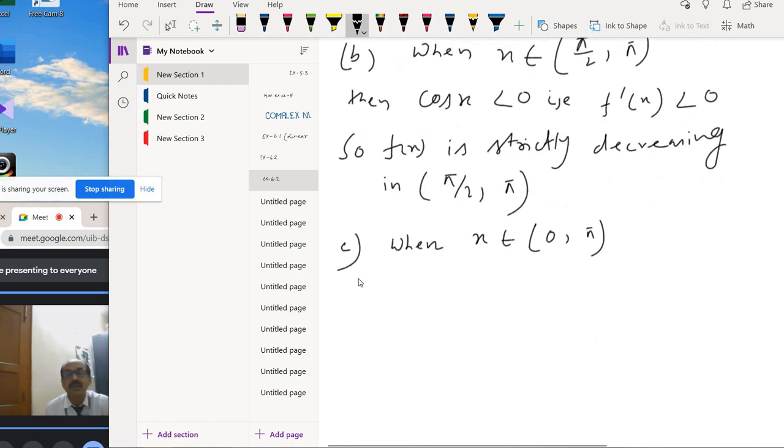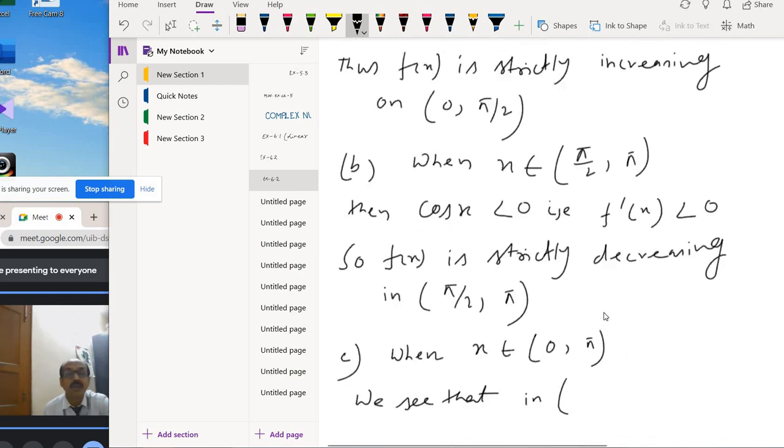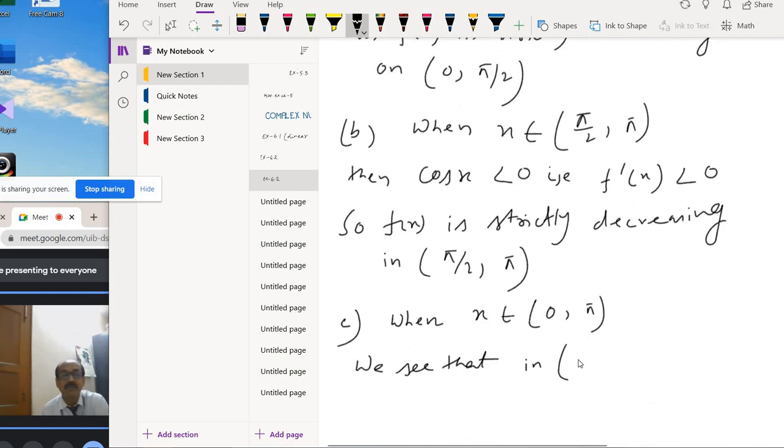So in the interval 0 comma pi by 2, f(x) is strictly increasing.